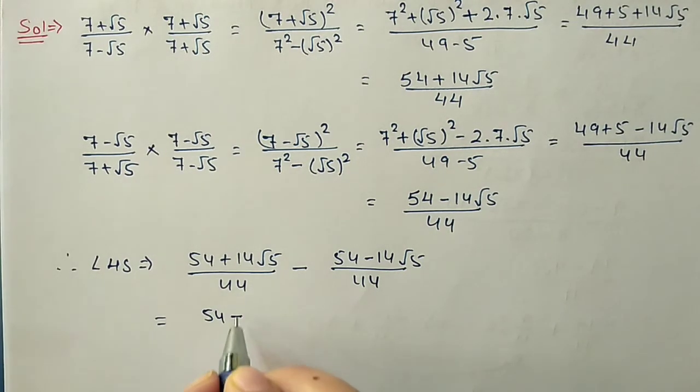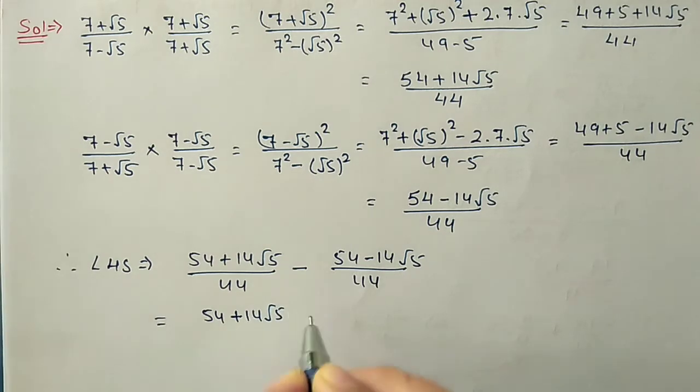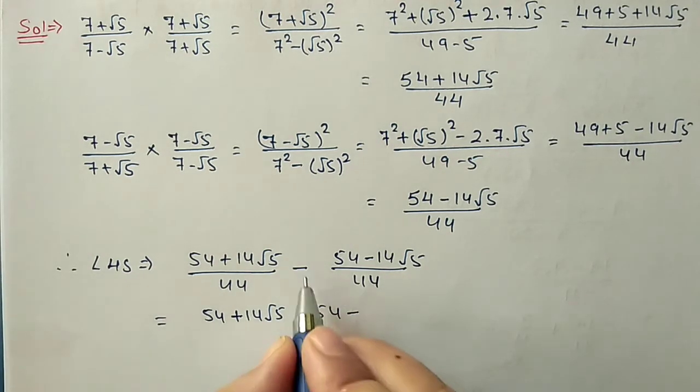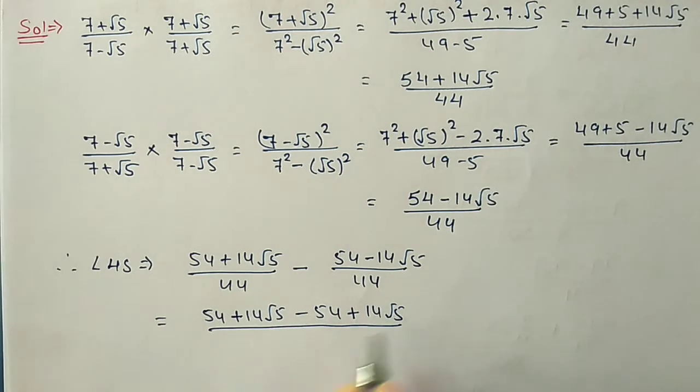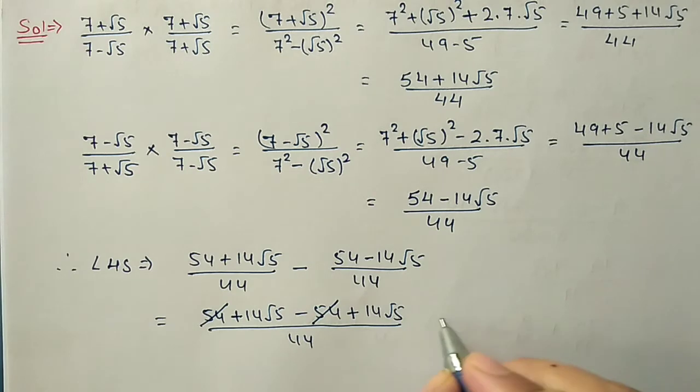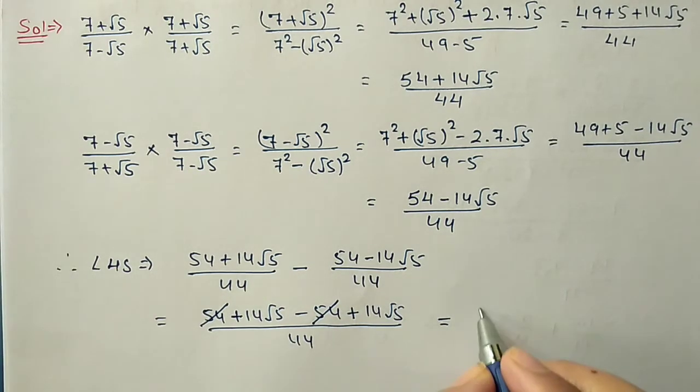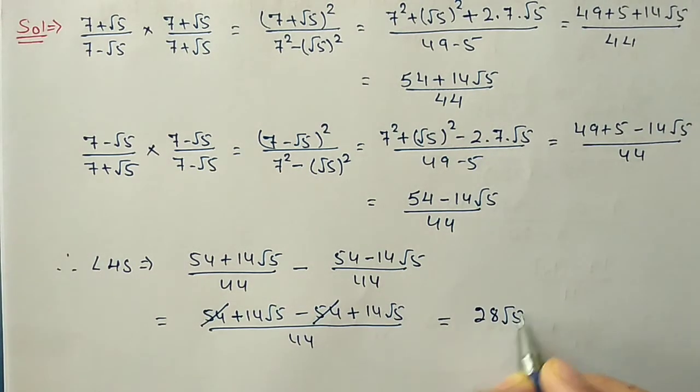We can write 54 plus 14 root 5 minus 54, this minus minus will become plus 14 root 5, divided by 44. So 54 will cancel out and we will get 14 plus 14, 28 root 5 divided by 44.